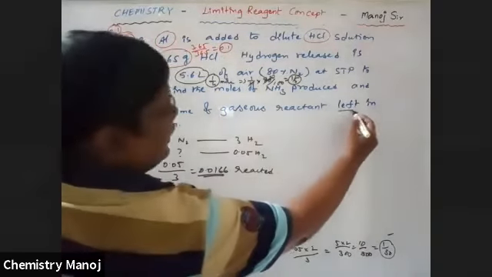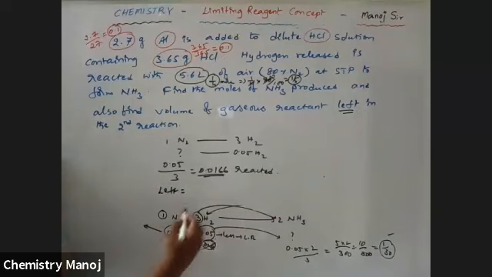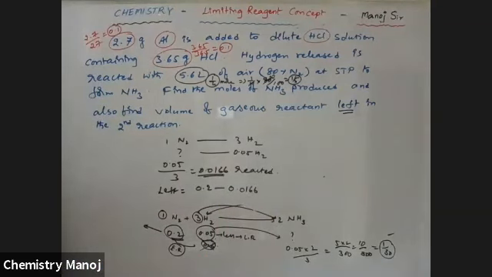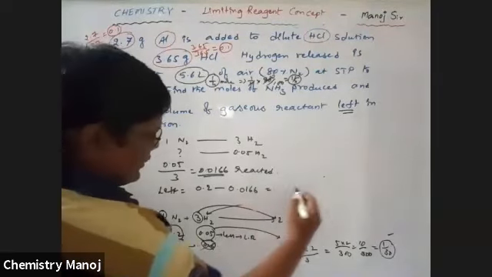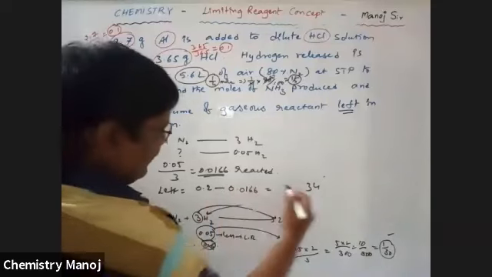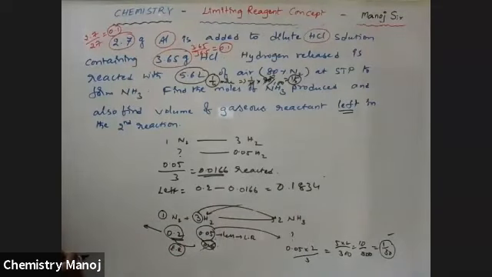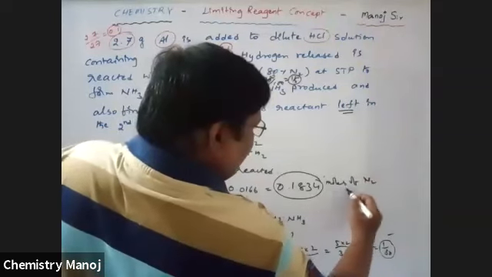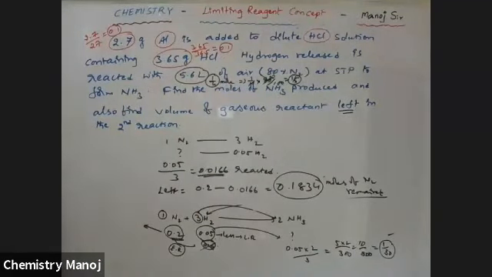But how much is the volume of gaseous reactant left, the remaining? This much is reacted. Therefore, left one is equal to actual value minus reacted value. So how much is it? 0.1834 is remaining, and this many moles of N2 remain.